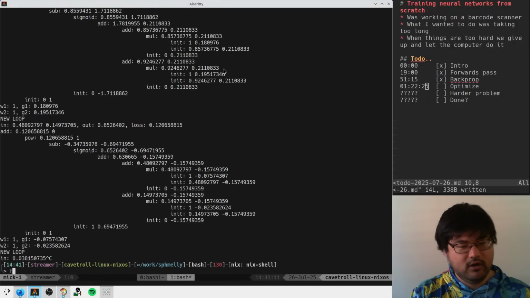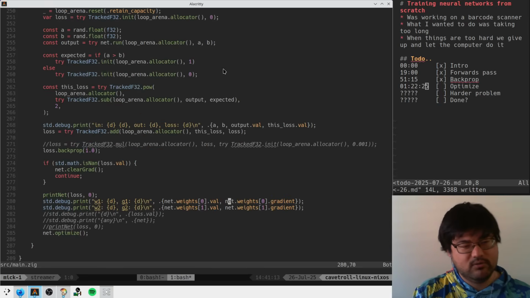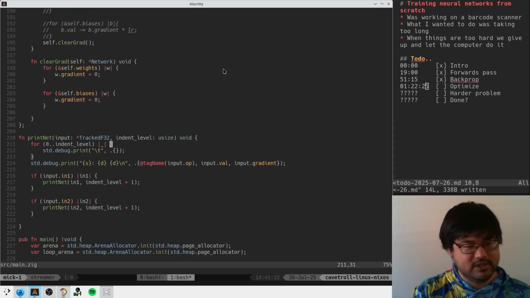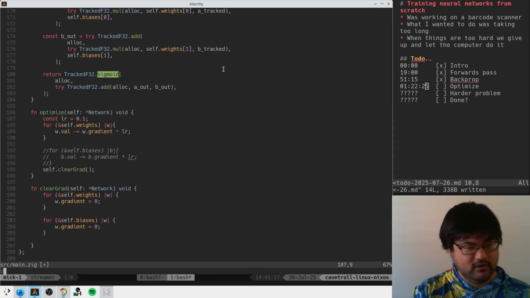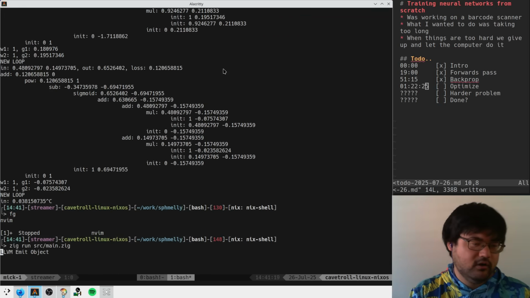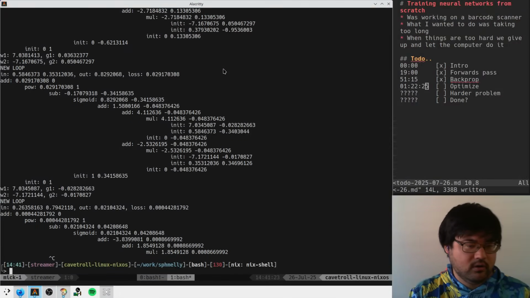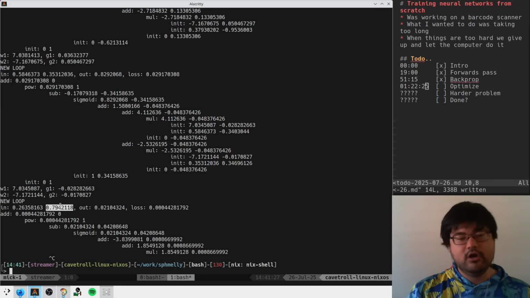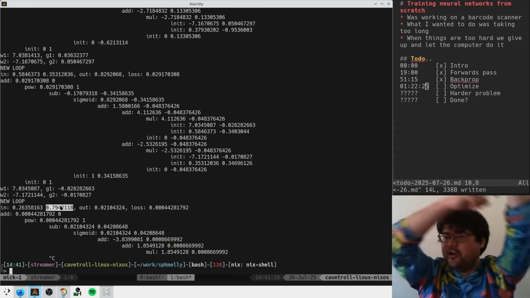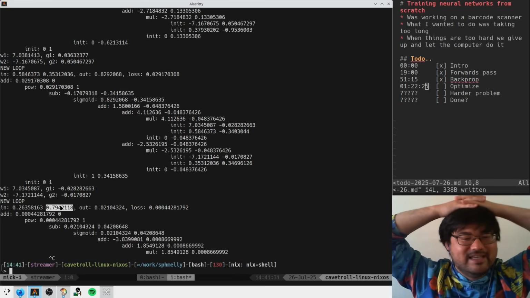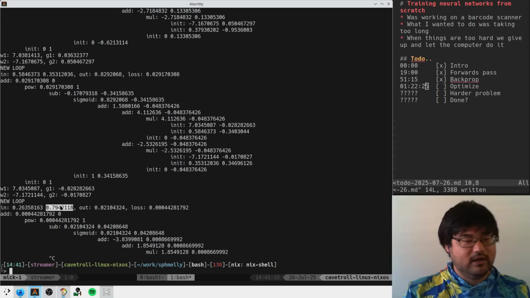Oh, and then I guess for now we can try turning optimization back on and see if it does what we expect now. Good read. That's sick. I think that this might be doing the right thing now.